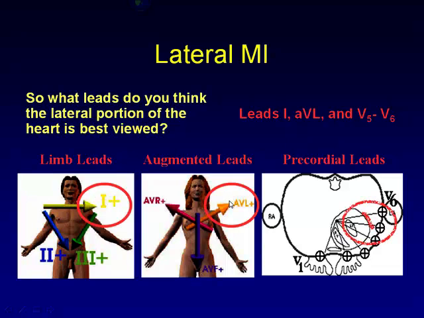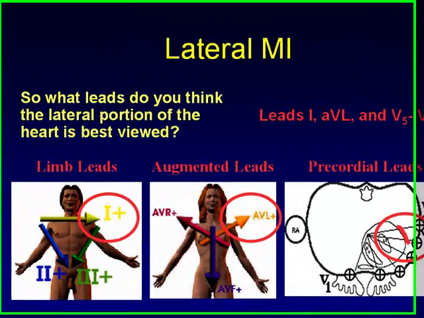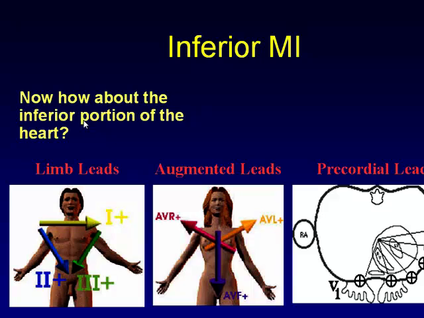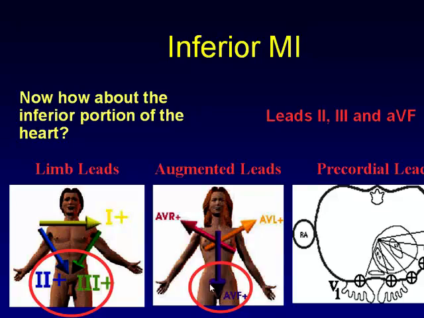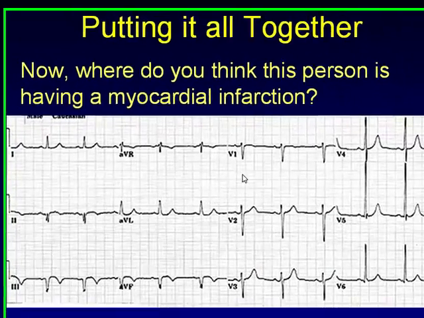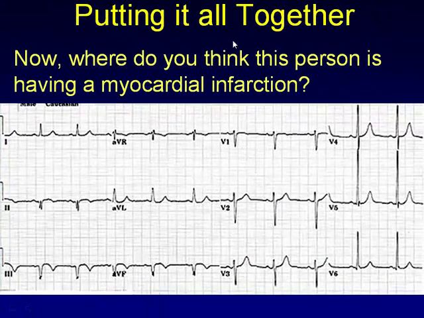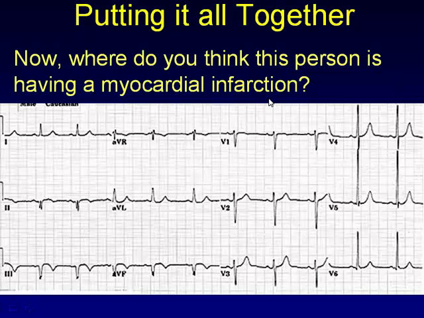Yes, this is 1, this is AVL, and this is V5 and V6 to look at the lateral portion of the heart. Now, how about the inferior portion of the heart? As I told you before, it is leads 2, 3, and AVF. This is 2, 3, and also AVF. Okay, here what we have is a test for it.